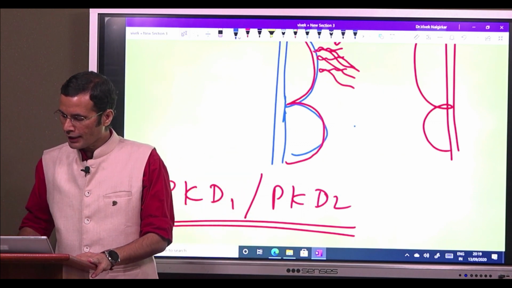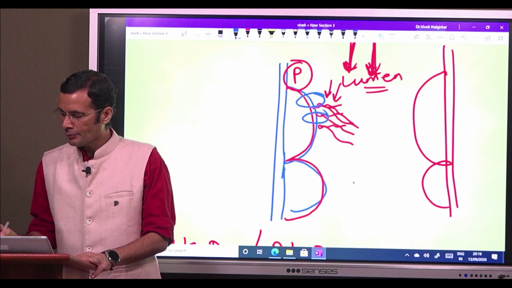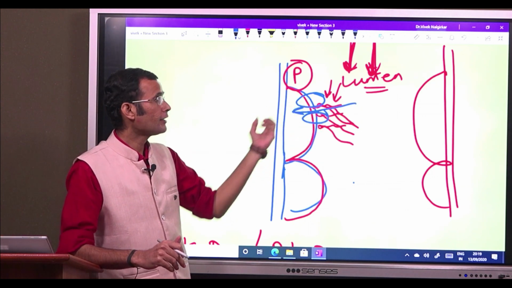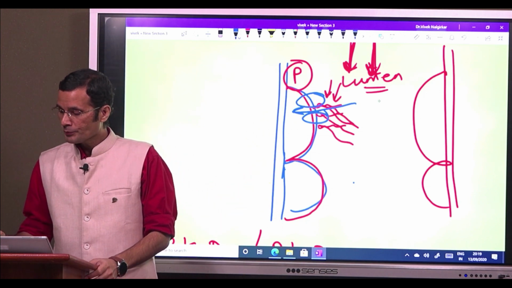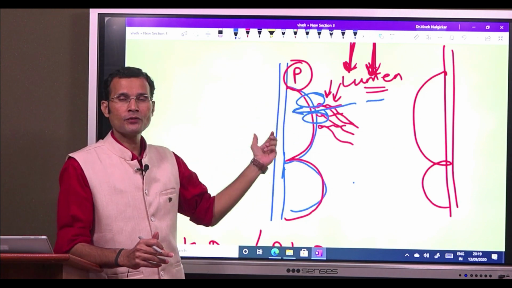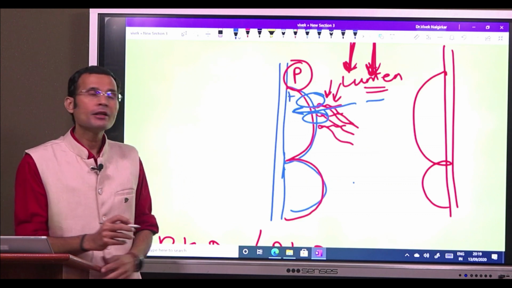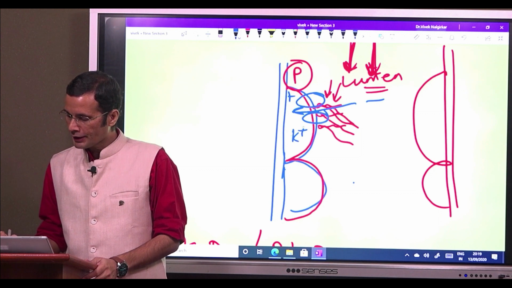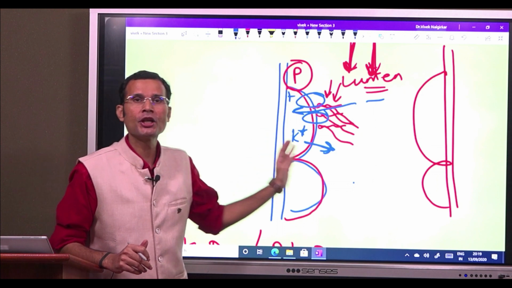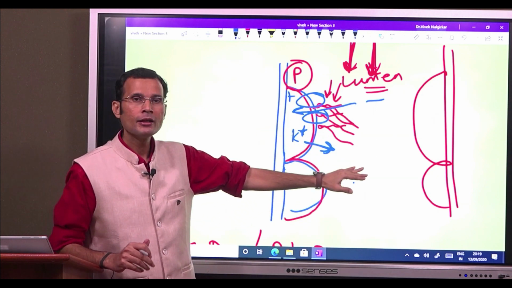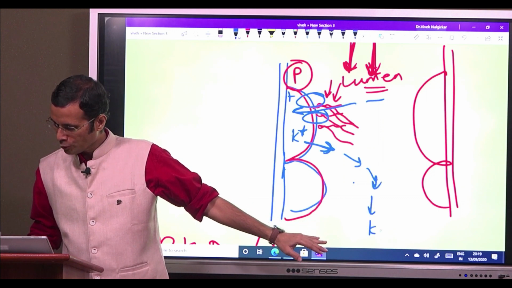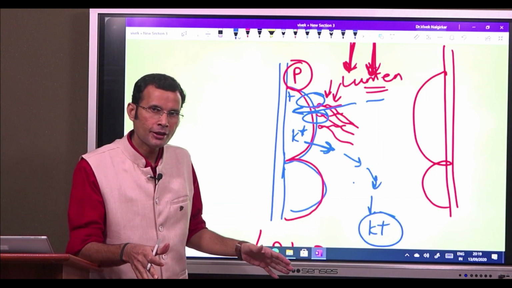What will be the result of that? Calcium channel activated means calcium will enter the cell, and remember cations are entering. So the lumen becomes negative, the inside of the cell becomes positive, and this also increases the potassium permeability of the apical membrane. More and more potassium will be driven out of the cell into the lumen, into the tubular fluids, and more potassium can be excreted into the urine.